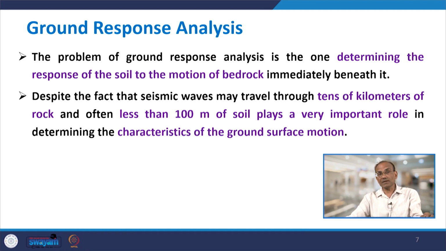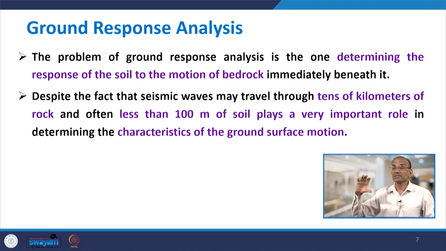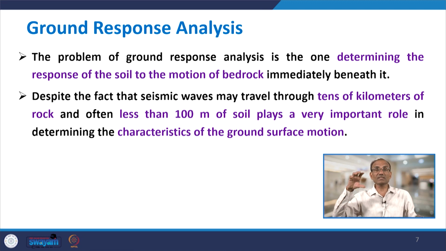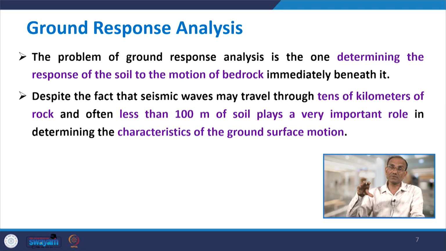In ground response analysis, we determine the response of the soil to the motion of the bedrock immediately beneath it. So, you have a bedrock, which we are going to discuss in detail, and motion is given at the bedrock. On top of the bedrock you have a soil layer. So, we are going to see the effect on the response of this soil layer, and that will be treated as a GRA.